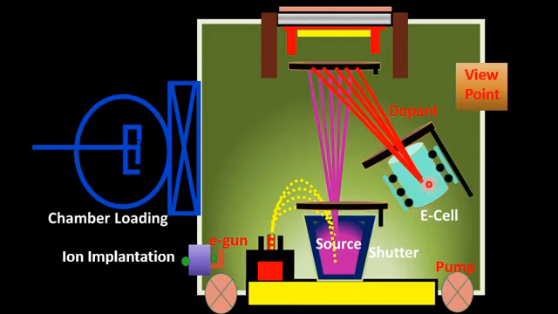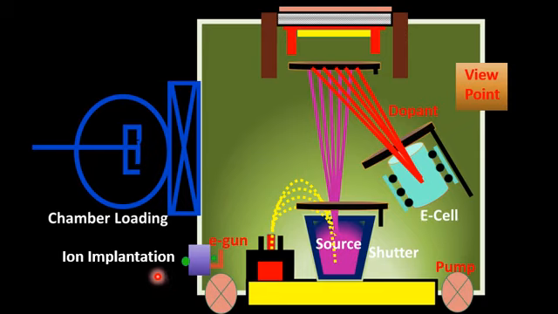So the dopant is thermally evaporated and transported onto the surface of the substrate. But this technique has many drawbacks. There is a possibility of incorporation of impurities from the effusion cell, and secondly, a higher temperature is required in the effusion cell setup. So the MBE system is also equipped with an ion implantation setup.